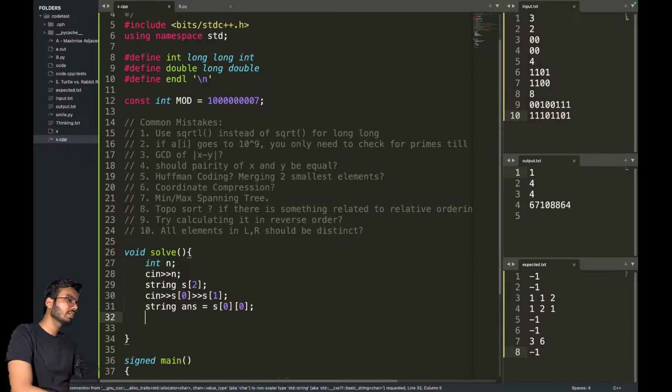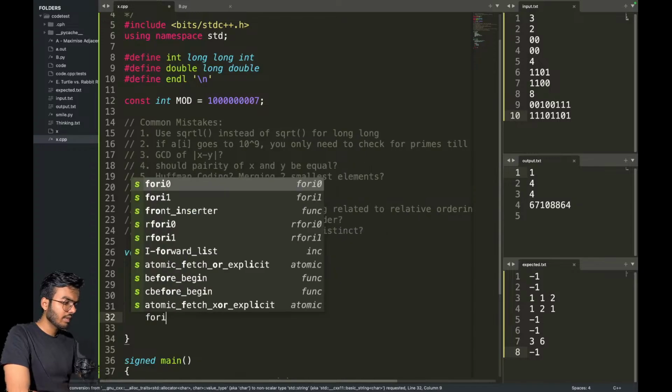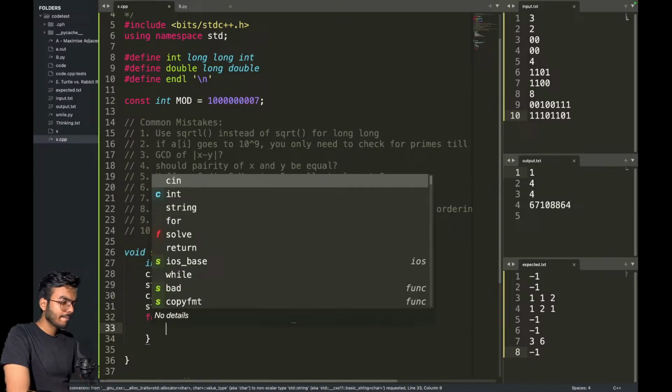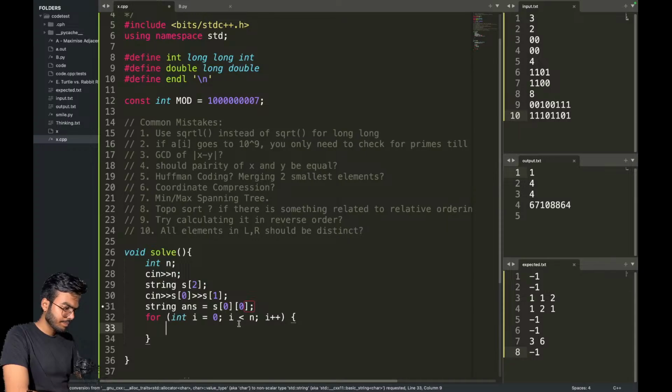Now I will run a for loop, like for i in range n obviously. It is saying that I can't initialize it like this, so I think I will have to convert this to a string. Hmm, I think I will just initialize it like that only.